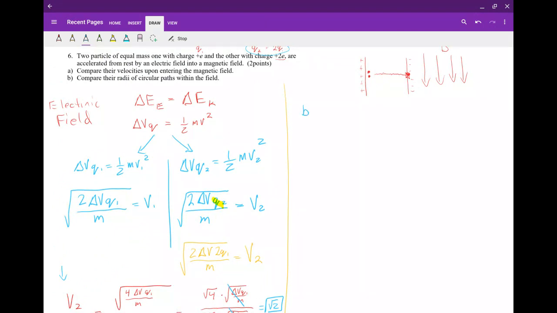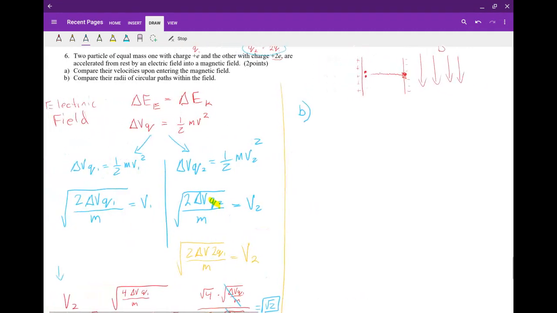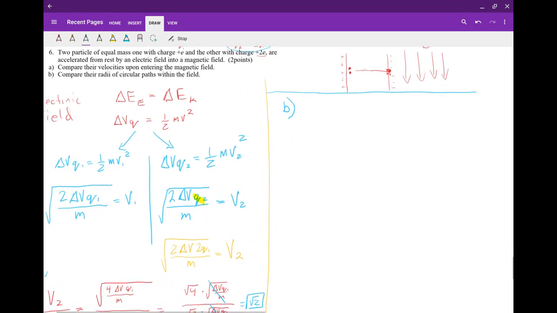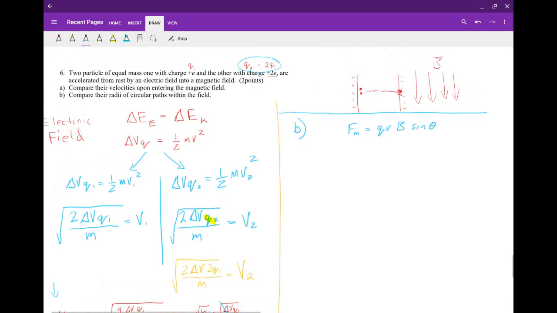All right. So now in part B, instead, we're going to be comparing the magnetic fields, and we want to compare the radius of curvature. So remember, force magnetic is equal to QVB sine theta, okay?